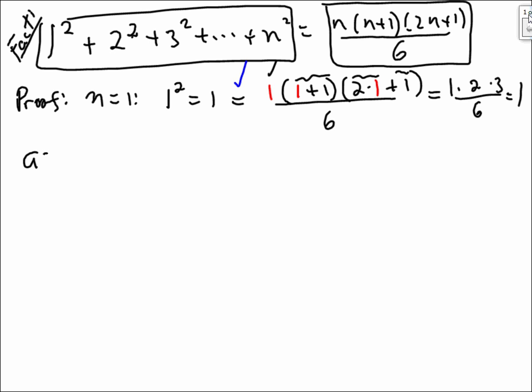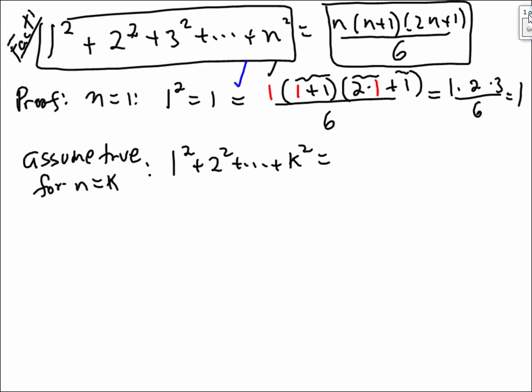Now, out of nowhere, we are going to assume that the formula is true for n equals k. That is, instead of n, I'm going to write k. I'm going to write down the whole top line all over, except instead of n, I write k. 1 squared plus 2 squared all the way up to k squared is equal to k times k plus 1 times 2k plus 1 all over 6.